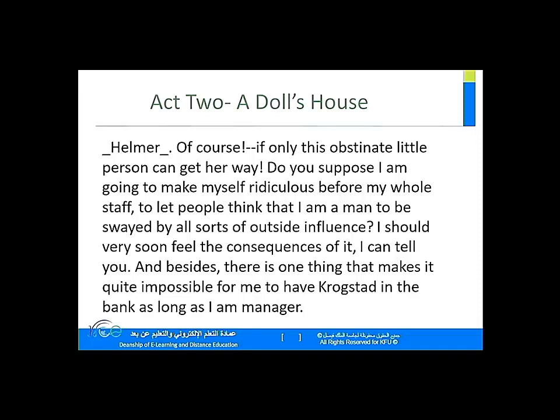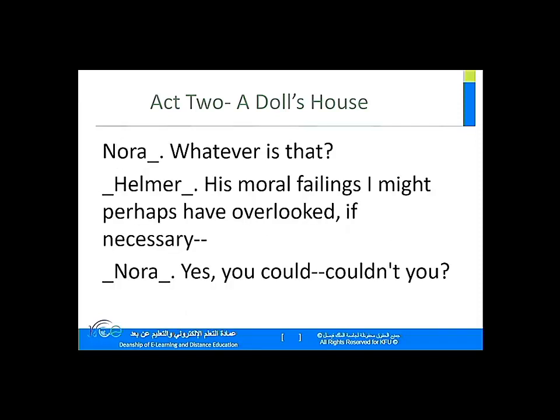Helmer says: so I should very soon feel the consequences of it. I can tell you, and besides, there is one thing that makes it quite impossible for me to have Krogstad in the bank as long as I am manager. So for these three reasons, he wants to dismiss Krogstad out of the bank.